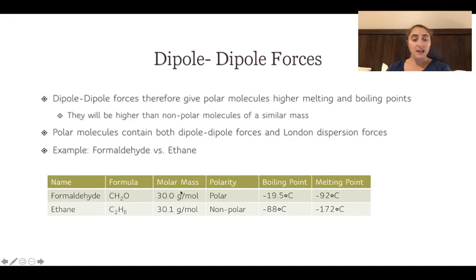Well, these have the same molar mass, so they should have the same melting points. But formaldehyde is polar and ethane is non-polar. Because formaldehyde has dipole-dipole forces, that increases the boiling point and makes it higher than the ethane's. These dipole-dipole forces are stronger, and that makes the boiling point much higher. Okay?